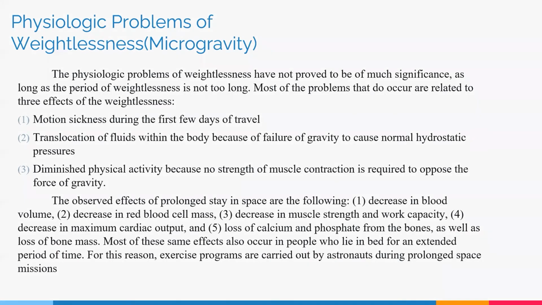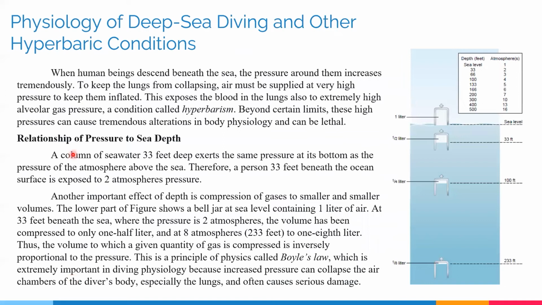Next, we change gear and finally arrive at the physiology of deep sea diving and other hyperbaric conditions or high pressure conditions. When human beings descend beneath the sea, the pressure around them increases tremendously.